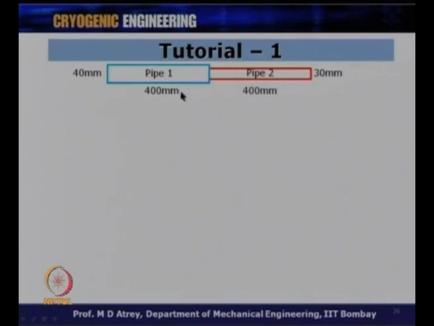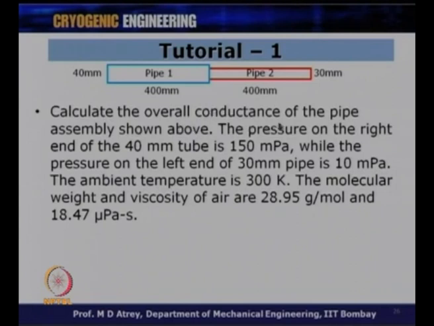I think the lengths are the same, 400 millimeter, the diameters are 40 millimeter for one and 30 millimeter for the other, and they are connected in series. The first problem is to calculate the overall conductance of the pipe assembly shown above. The pressure on the right end of the 40 millimeter tube is 150 mPa, 150 millipascal on this side, while the pressure on the left of the 30 millimeter pipe is 10 mPa.